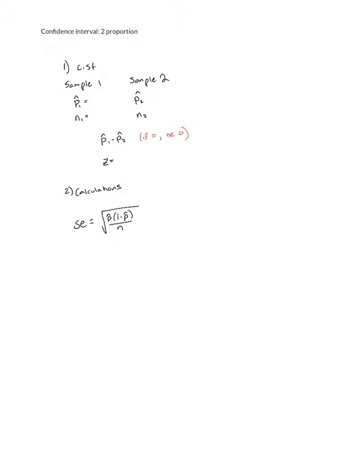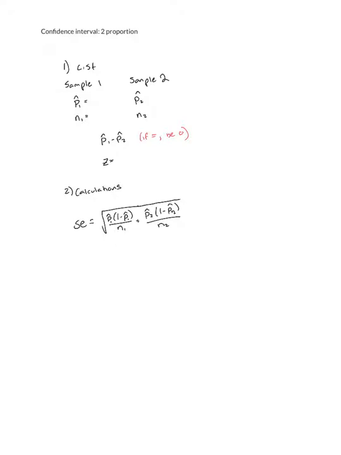It turns out that in order to get SE for a two sample one, we basically do this a second time. So I'm going to change this to p1 hat, 1 minus p1 hat, over n1, and I'm going to add, extending that square root out, p2 hat times 1 minus p2 hat all over n2. So my formula gets a lot longer.